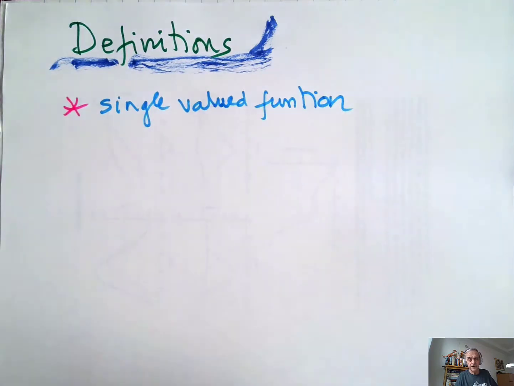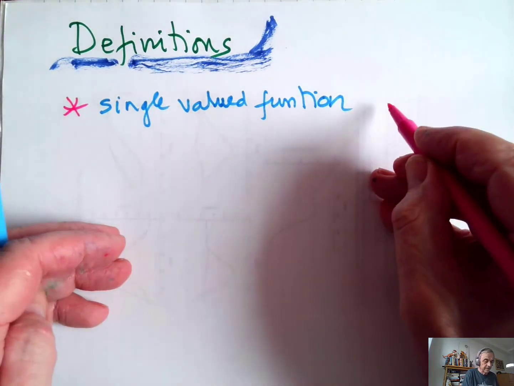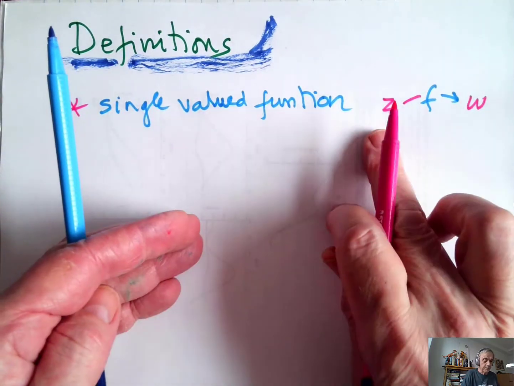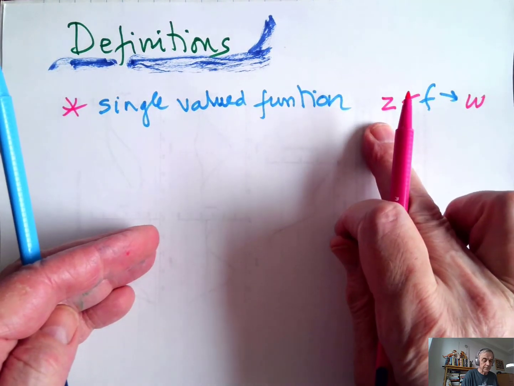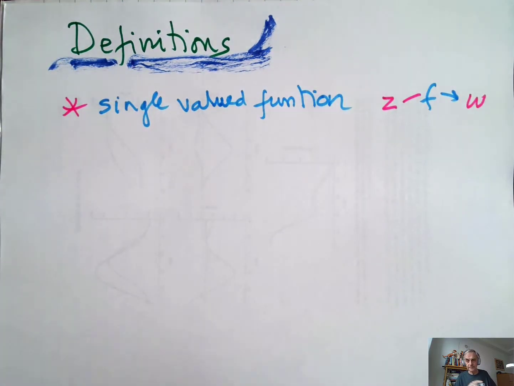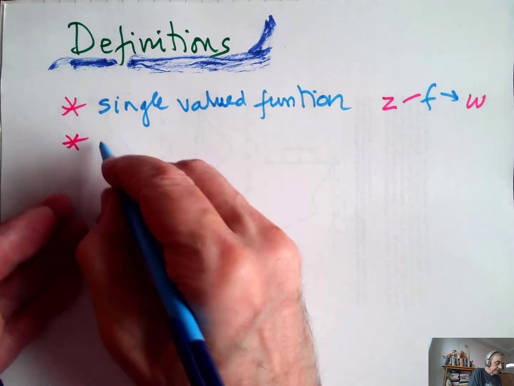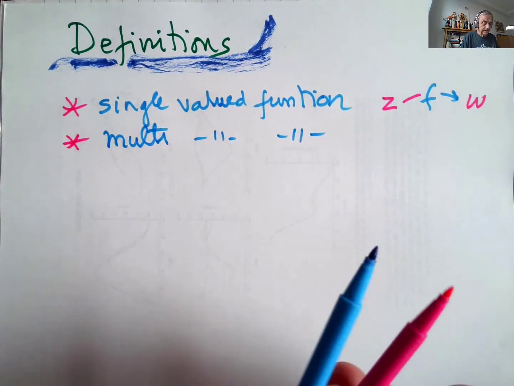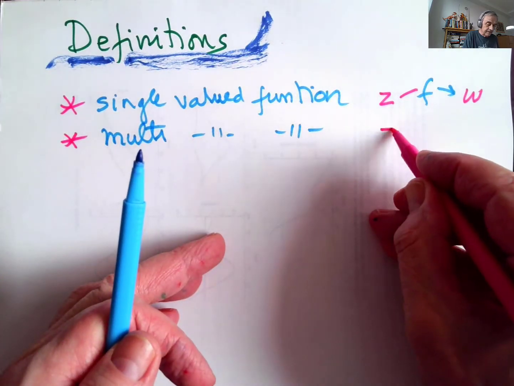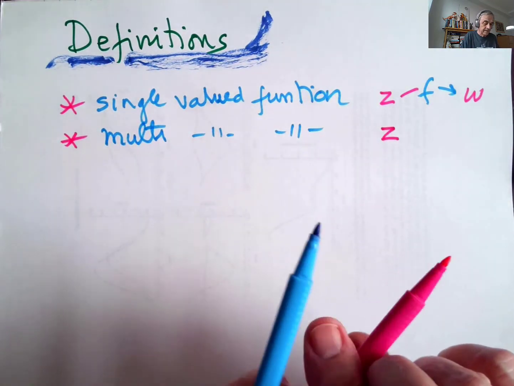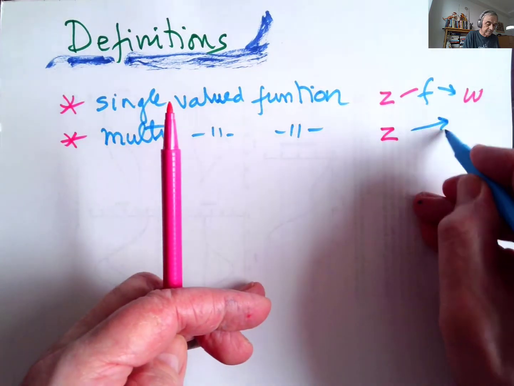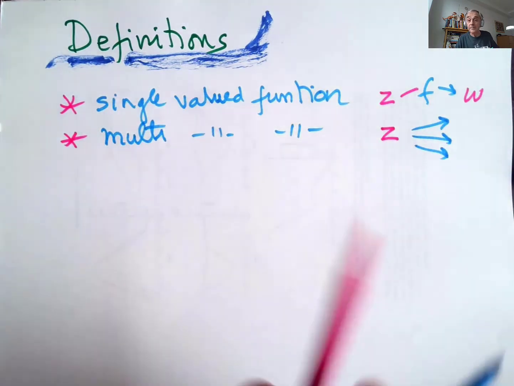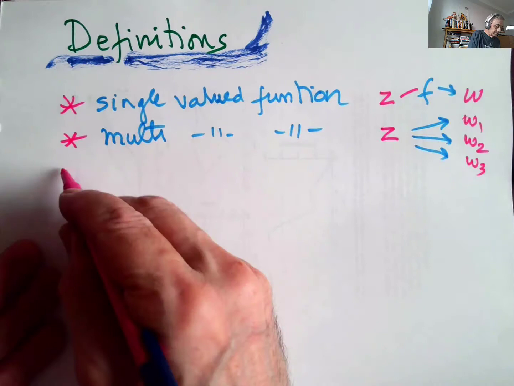A single valued function takes z, a single point in the complex plane, and maps it to a single point in a function plane corresponding to w. A multi-valued function can take z into many, maybe even infinitely many points.